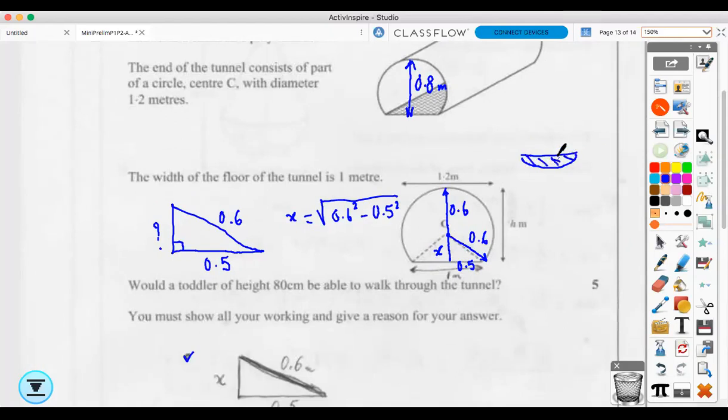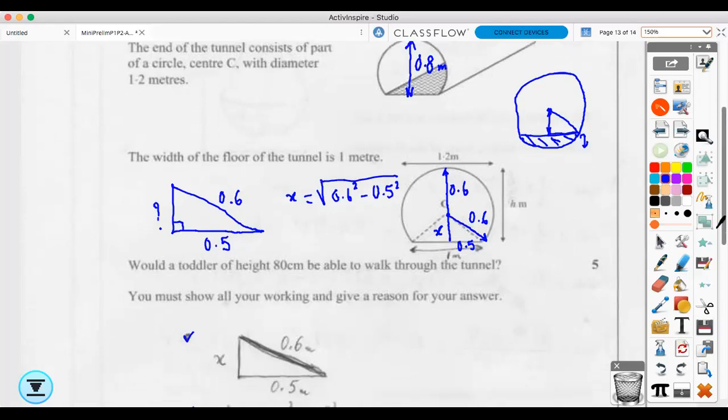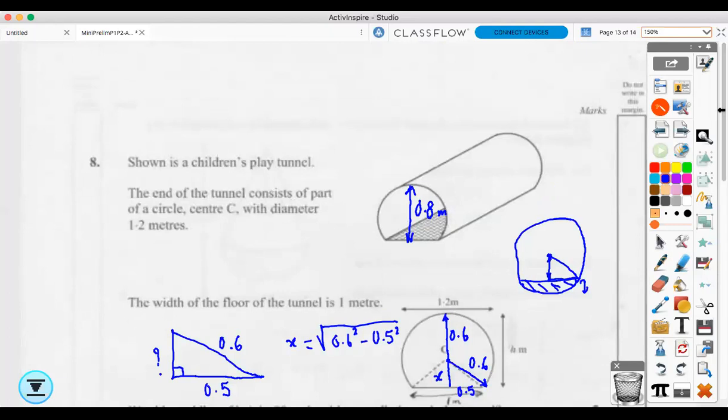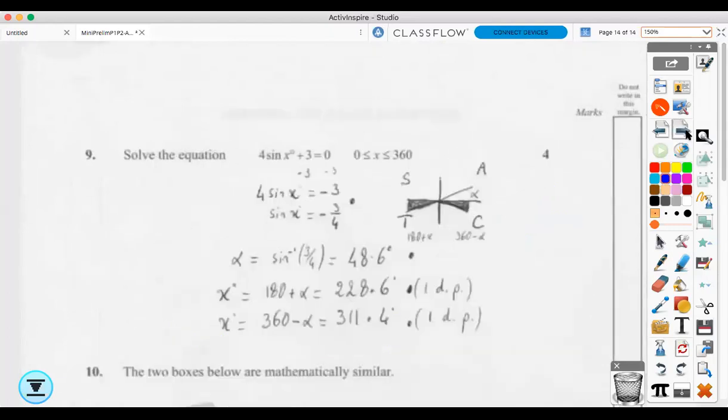If this was like a tube, what's the height of that water? You just need to find that height by using Pythagoras when they've given you the other values, and so on and so forth. Pythagoras, you will need to use that. And Pythagoras is not level 4.